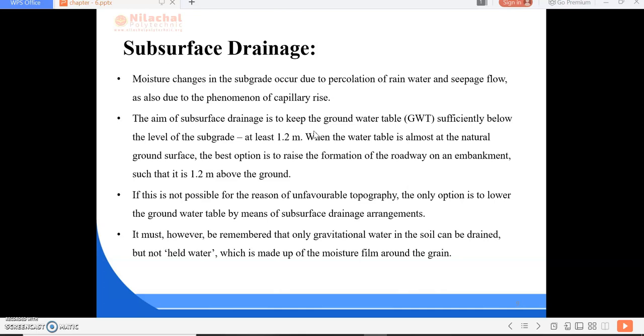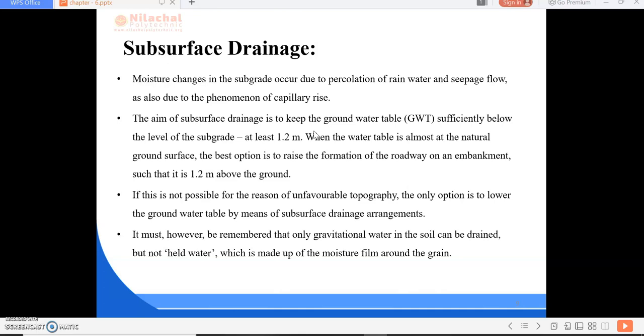Our groundwater table is below 1.2 meters from the ground surface, and we have to provide an embankment so the road surface is above 1.2 meters from the ground surface. If this is not possible because of unfavorable topography, the only option is to lower the groundwater table by means of subsurface drainage arrangements.